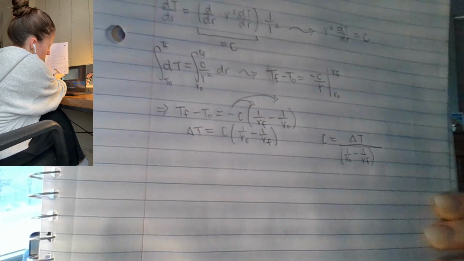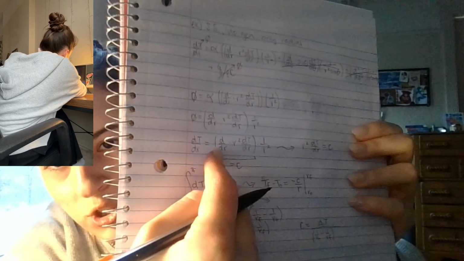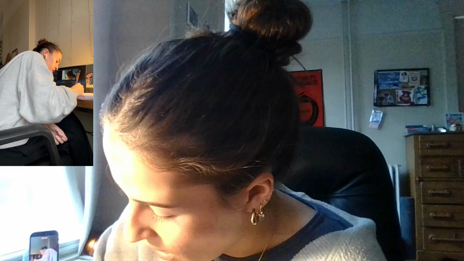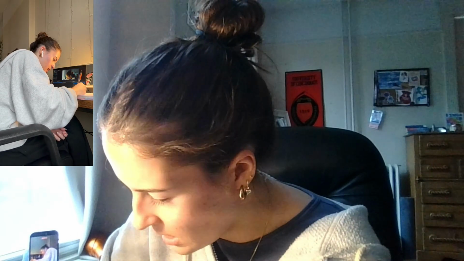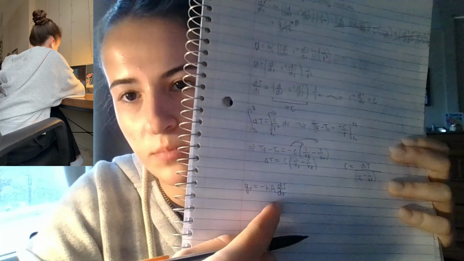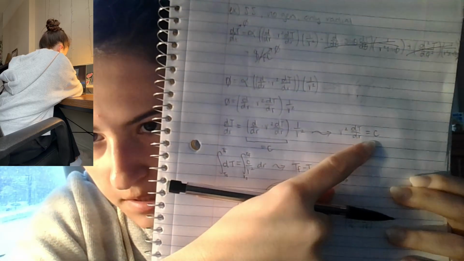And the whole point of solving for that is we needed to find our C to plug back into this initial equation here in order to solve for dT/dr. And the dT/dr is what we have to plug in for our Fourier's law. So when we look at QR, which is Fourier's law, the heat flow in the r direction is the negative KA dT over dr. So what we were trying to solve for here is this dT/dr term, which we do have up here, but we had to solve for this constant.